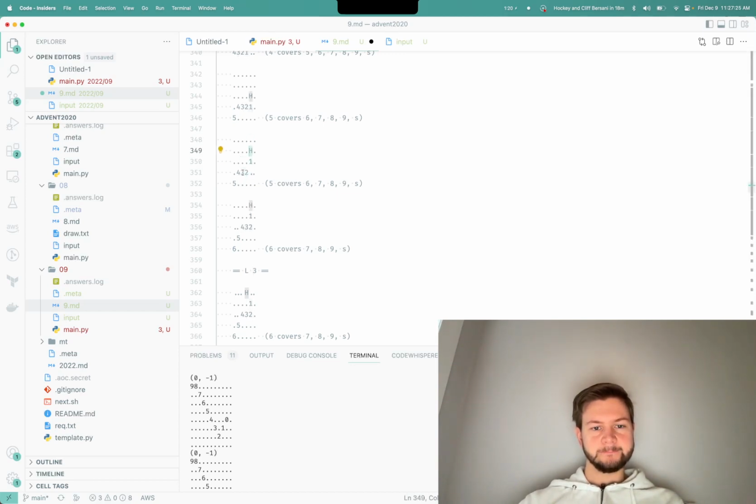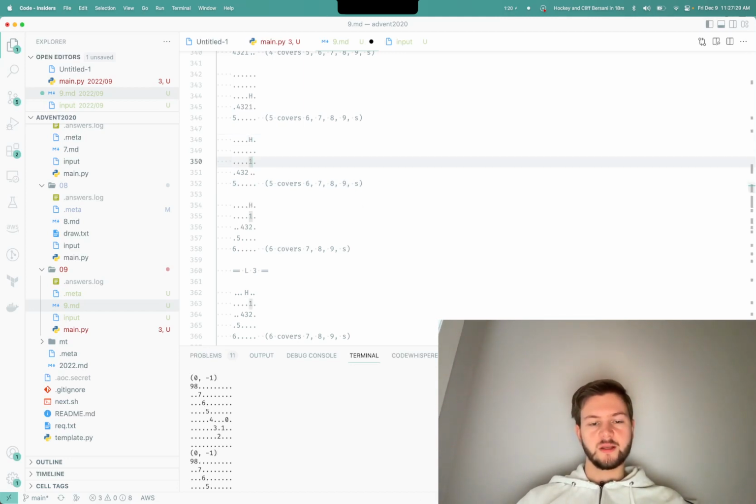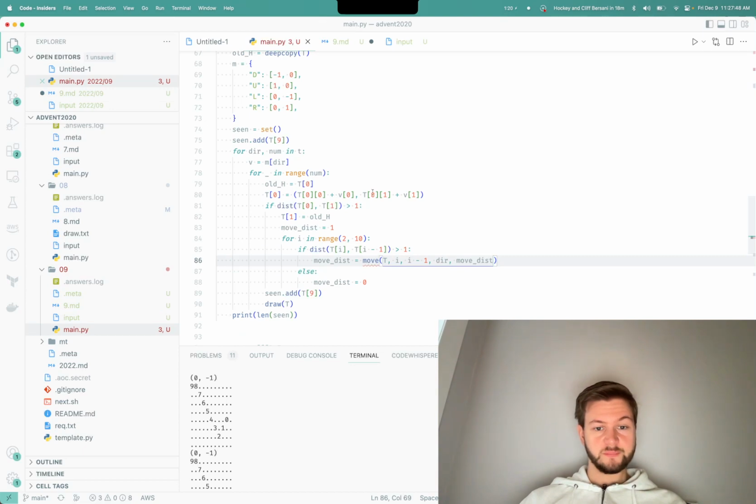This movement is clear. This movement is clear. This is the old movement, the old position. Yeah, I think we have to keep the old position.